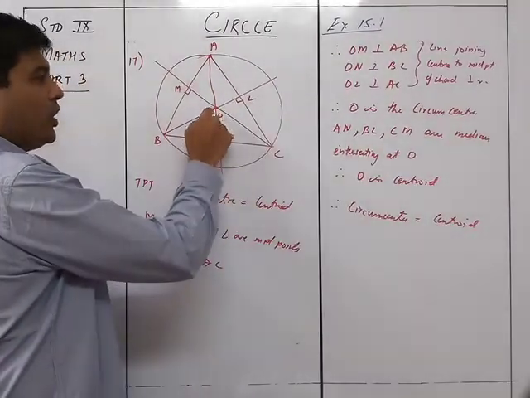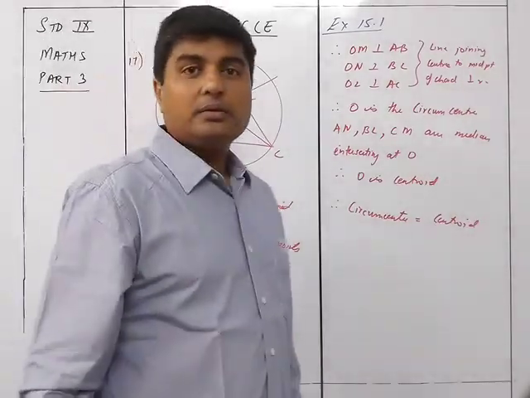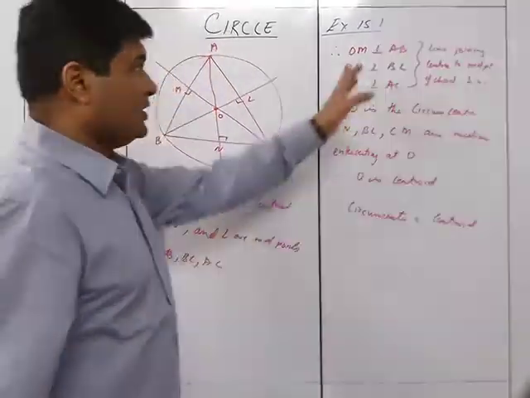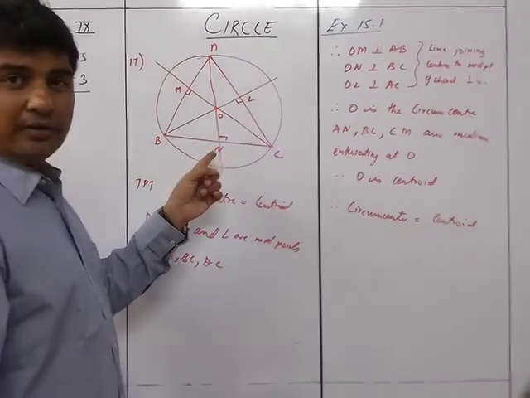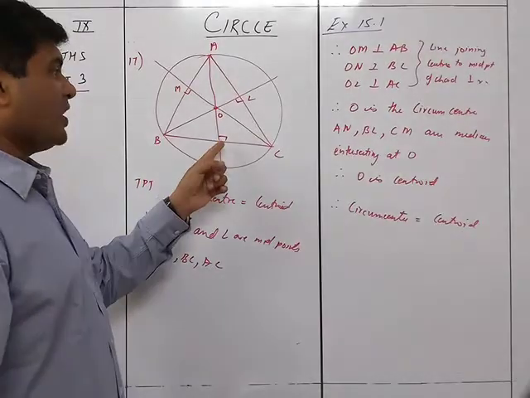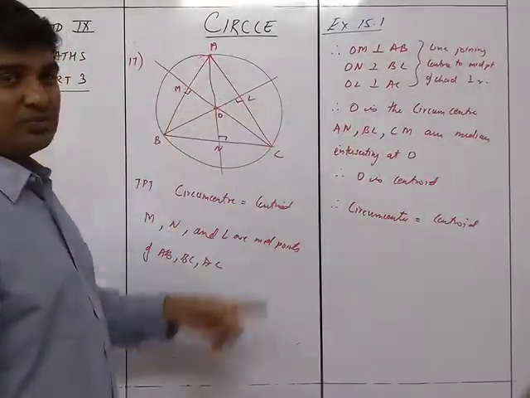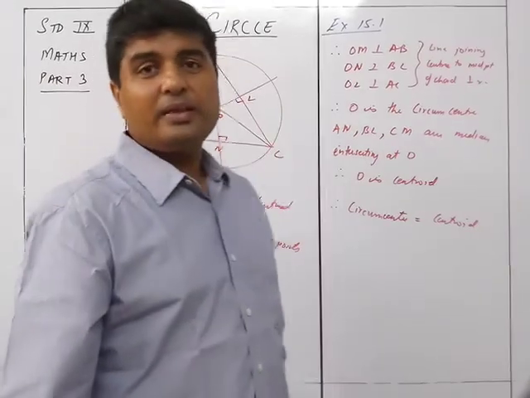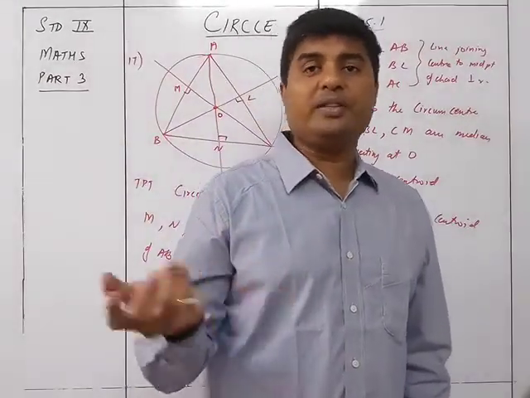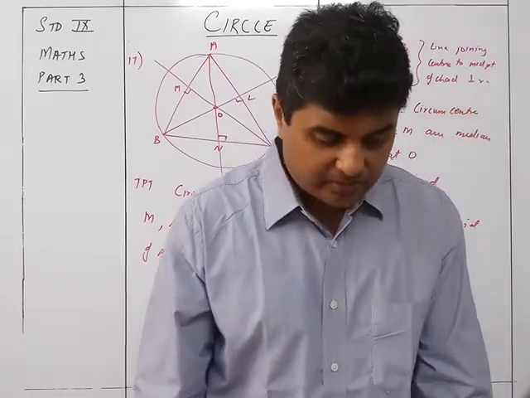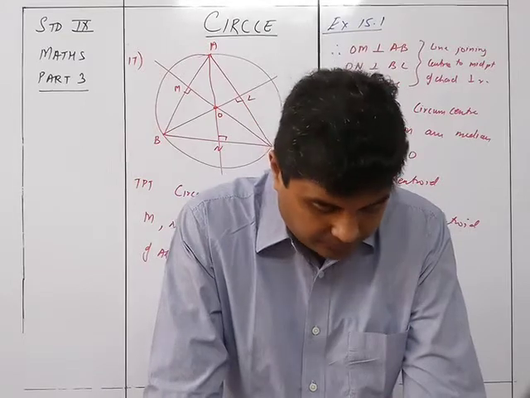If I draw lines from O to N, they are automatically perpendicular because they are the line joining the center to the midpoint of the chord. So they are perpendicular, and they are also the medians. That's why O is the concurrent point of the centroid as well as the circumcenter. So this was sum number 17.